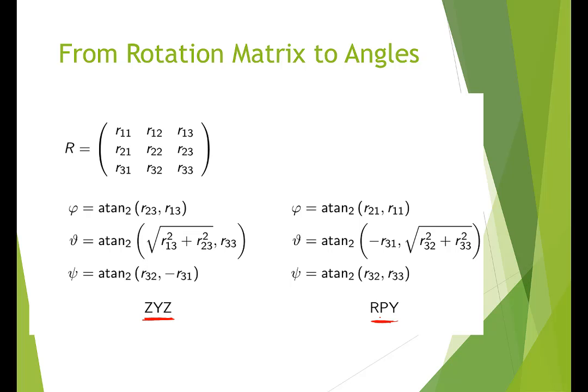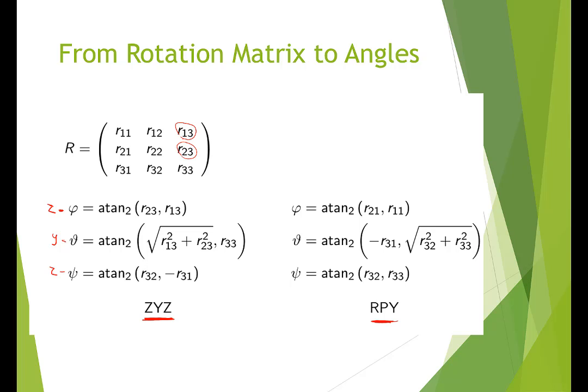These are the most common ones. If it's ZYZ, then we can calculate the three rotations about Z, Y, and Z using these equations. For instance, the rotation around the Z axis is arctan2 of this element and this element. The same way, we can calculate rotations about Y and Z.